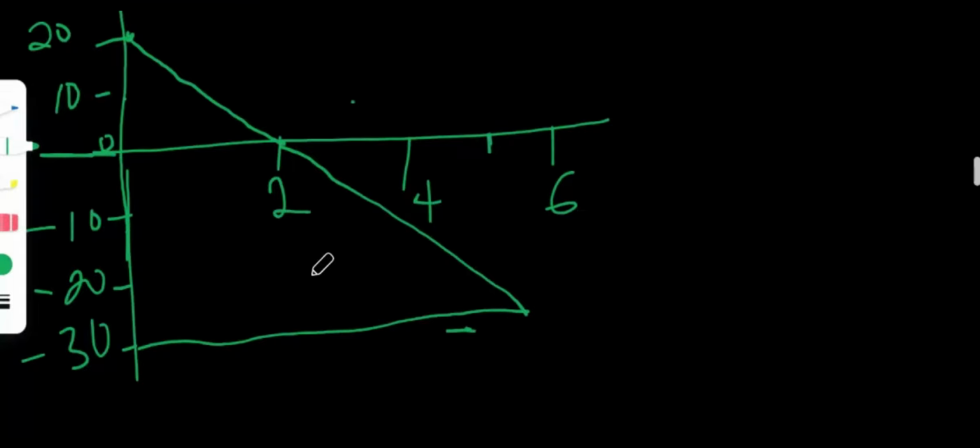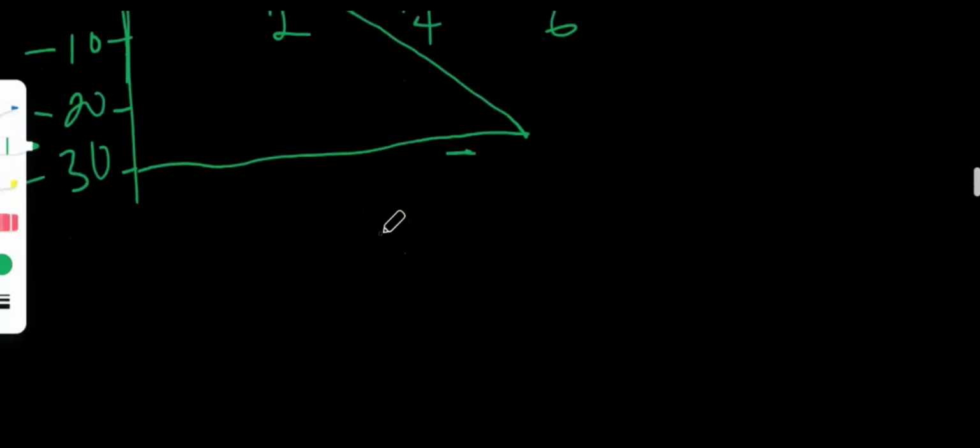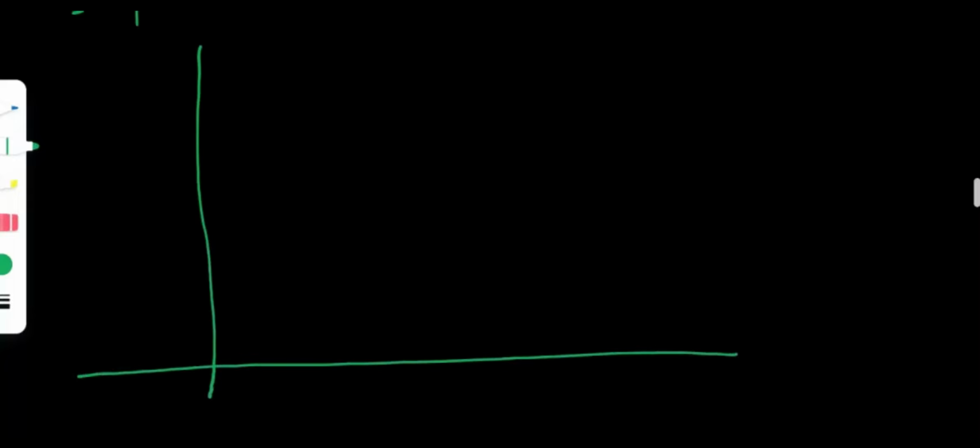So that is how it's visualized by calculation. For us to draw the vertical speed time graph properly, we plot the graph this way. So this is 2 seconds, 4, and 6 seconds.